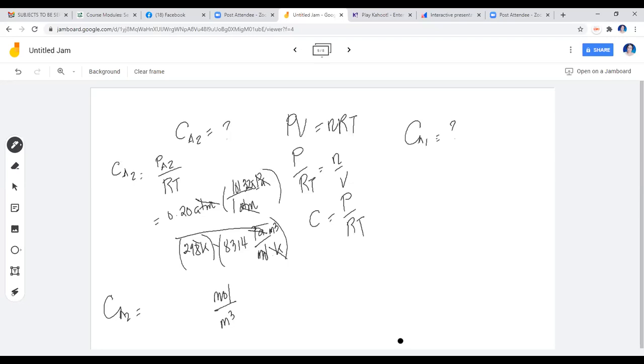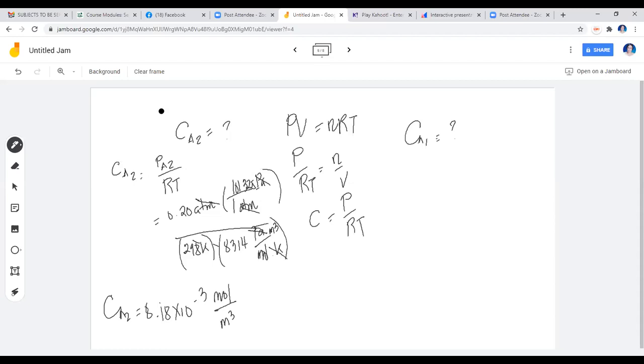What's your CA2 value? You multiply 0.2 by 101,325, divide by 298, and divide by 8314. That would be 8.718 times 10 raised to negative 3.